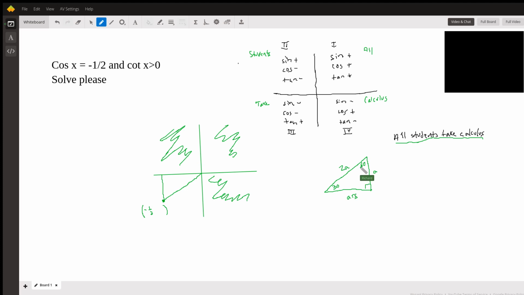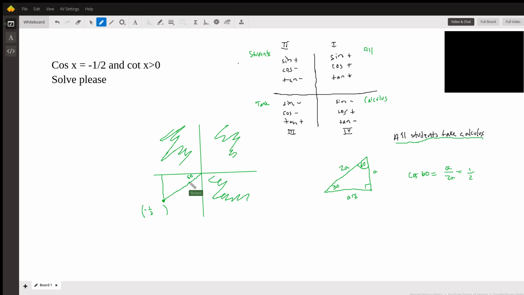We're interested in the cosine of an angle being 1/2 or -1/2, and so 60 is what we're after here. And the cosine of 60 is going to be a over 2a, which is going to be 1/2. So we know that this has to be a 60-degree angle.